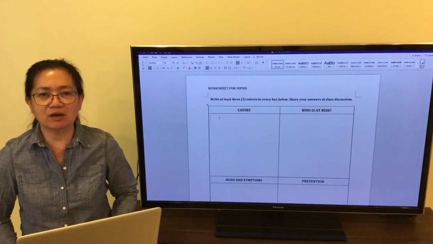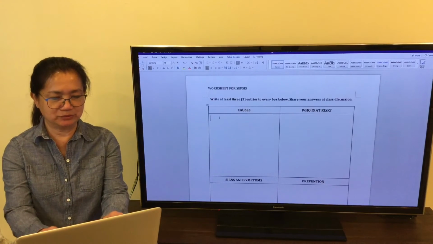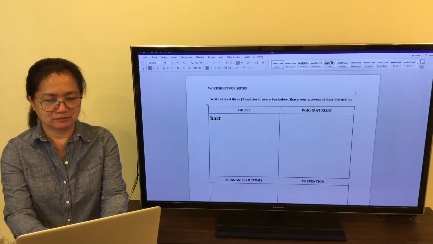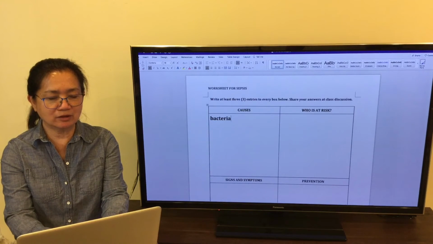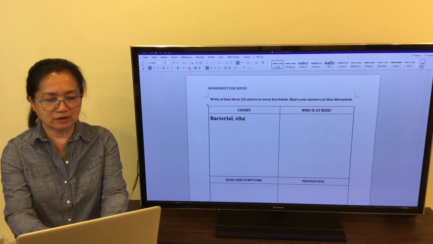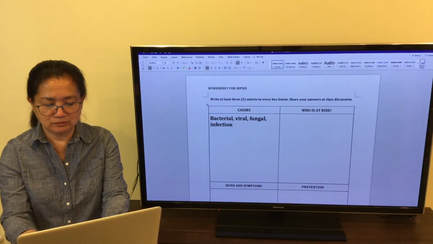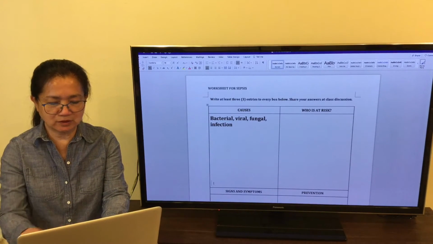Now, who can tell me causes of sepsis? Bacterial, viral, fungal infection. Okay, hold on, let's put it on there. So, where do we usually see this?